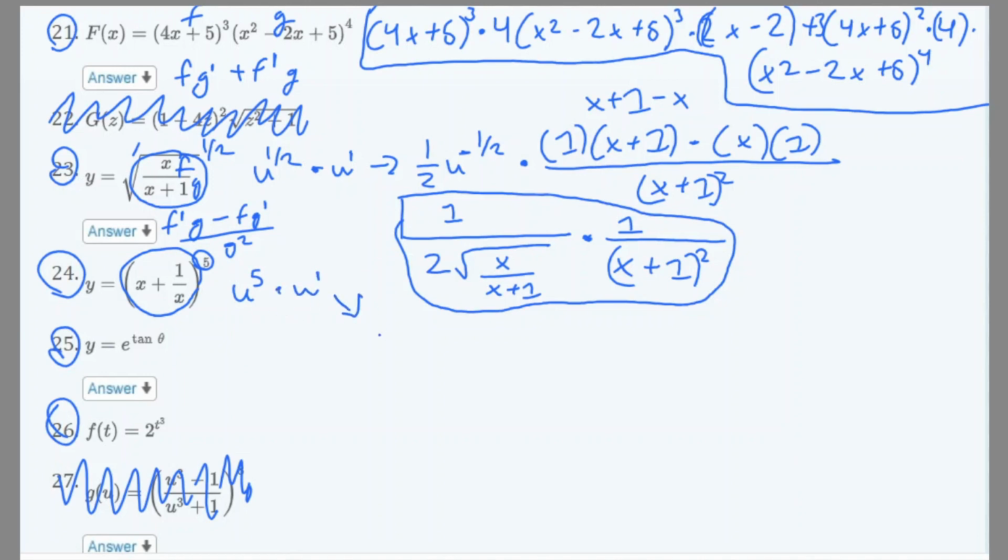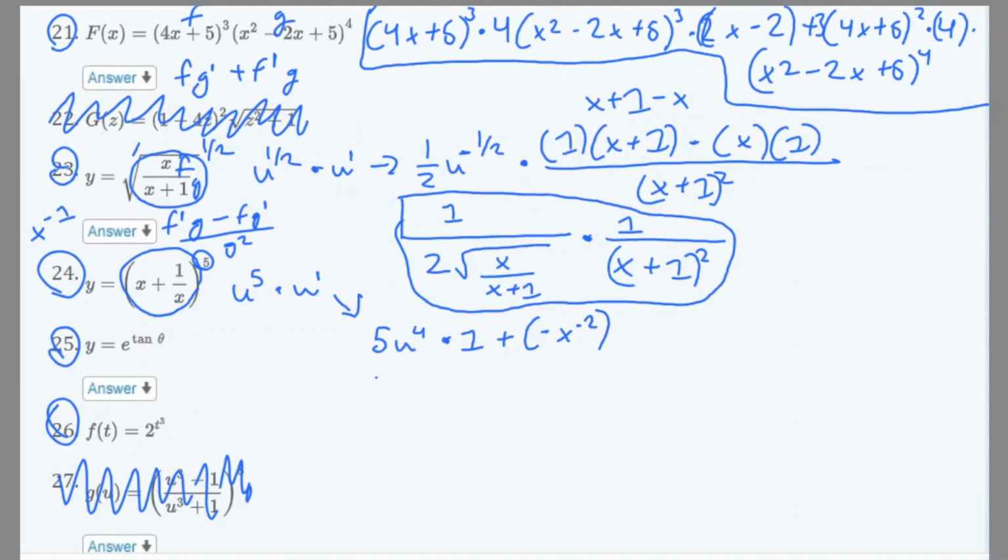Now if we find the derivative of that, that would be 5u to the power of 4 multiplied by u prime, which is, since they're not being multiplied, so it's not the product rule or quotient rule, we just find derivatives independently, which would be 1 plus the derivative of 1 over x, which is also x to the negative 1 power. So the derivative of that would be negative x to the negative second power.